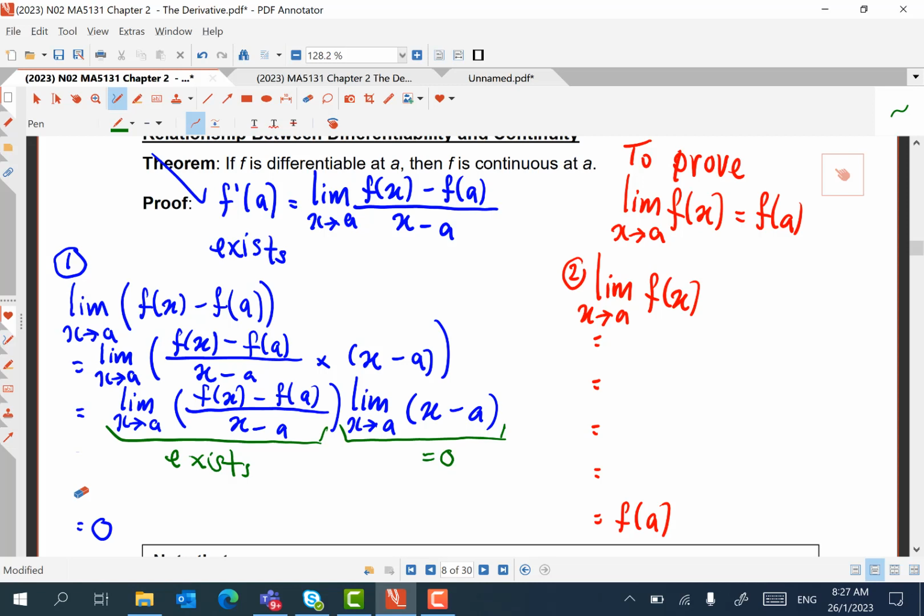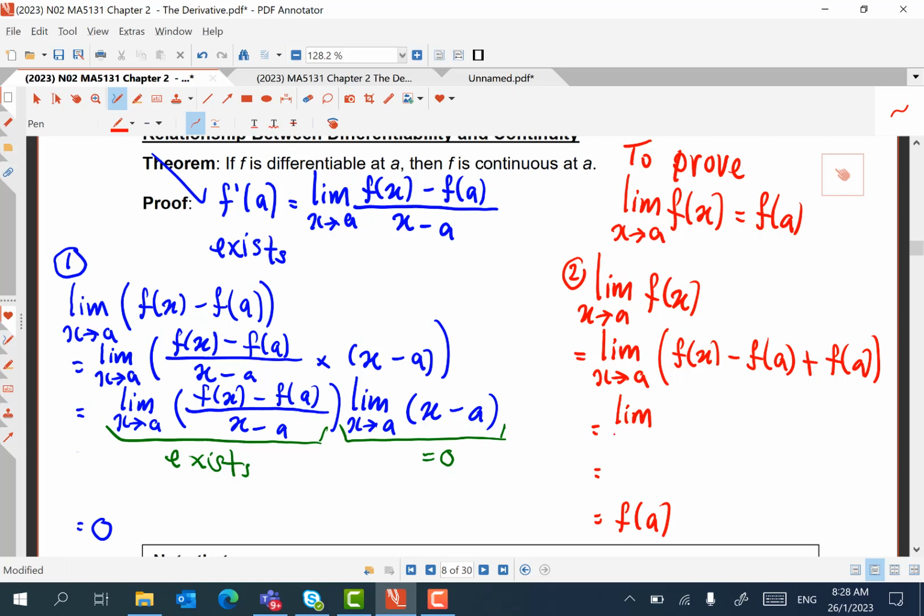Okay. Then the next stage is to prove the limit of f(x) as x tends to a is f(a). We are going to start off with this line, and then say that this is equal to limit as x tends towards a of this.